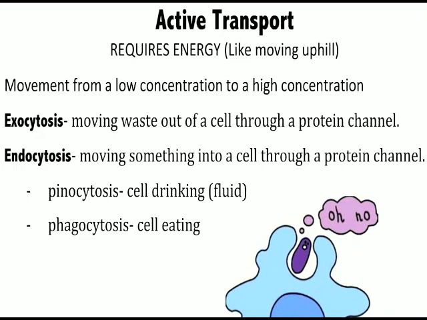There are two kinds of endocytosis depending on what it is that the cell is moving inside of it. Pinocytosis is when the cell moves a liquid into its membrane, so it's like the cell is drinking, and phagocytosis is when the cell moves something solid into the membrane, so it's like the cell is eating. Phagocytosis is what your white blood cells do when they consume a bacteria to break it down.